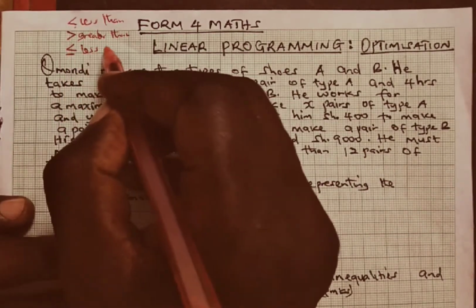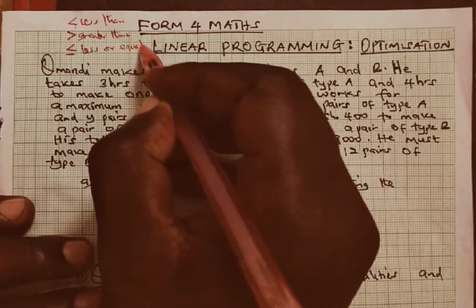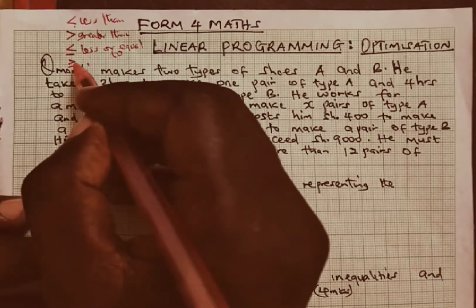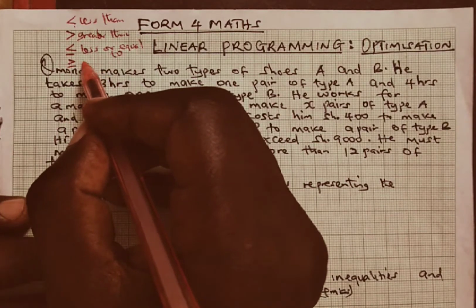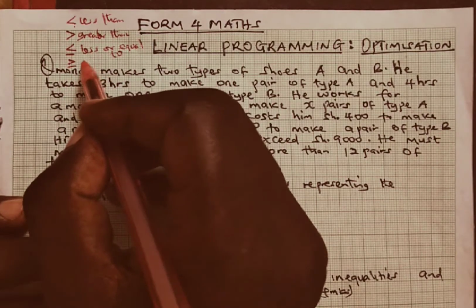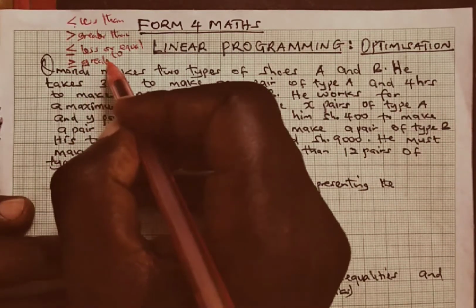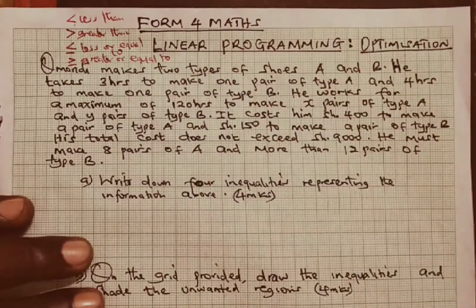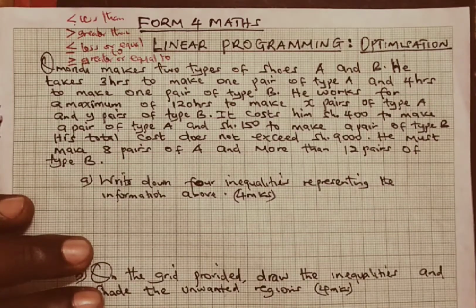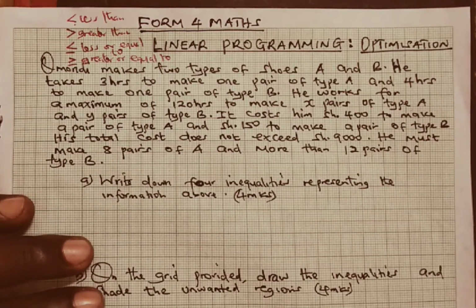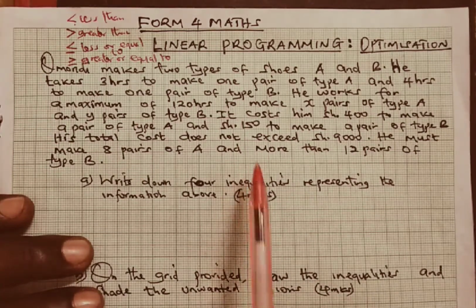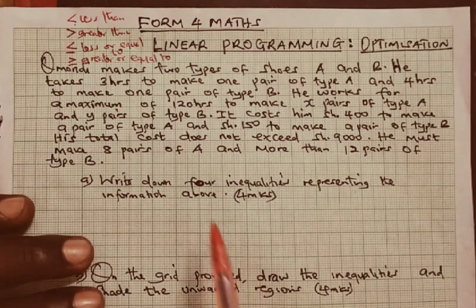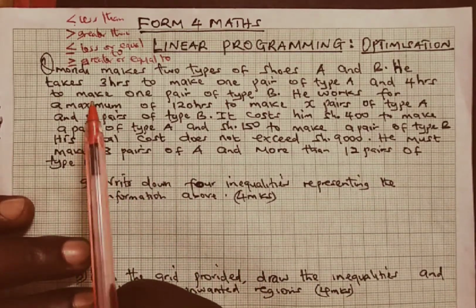Then we have this inequality symbol which means greater or equal to. So these are some of the inequalities that we are going to use when joining the given functions under linear programming. So let us read the question together.